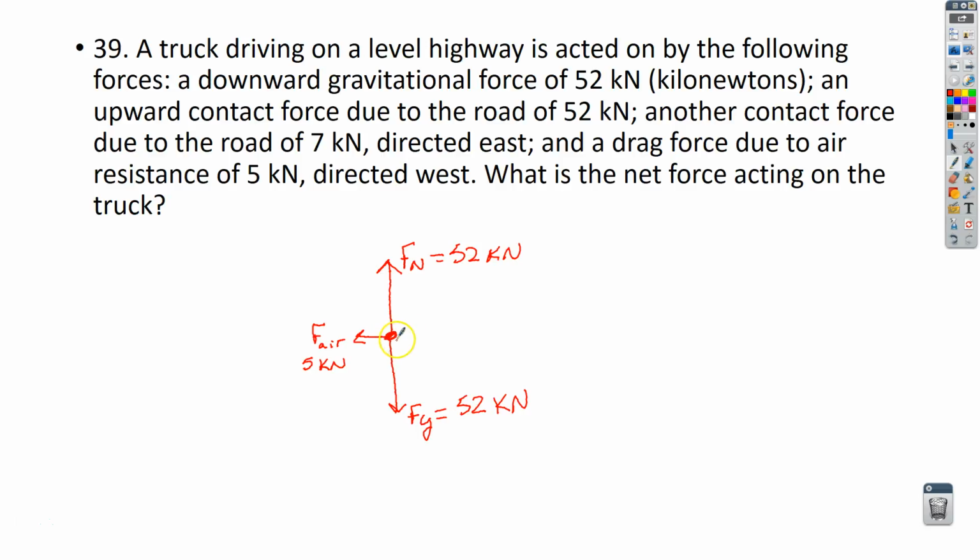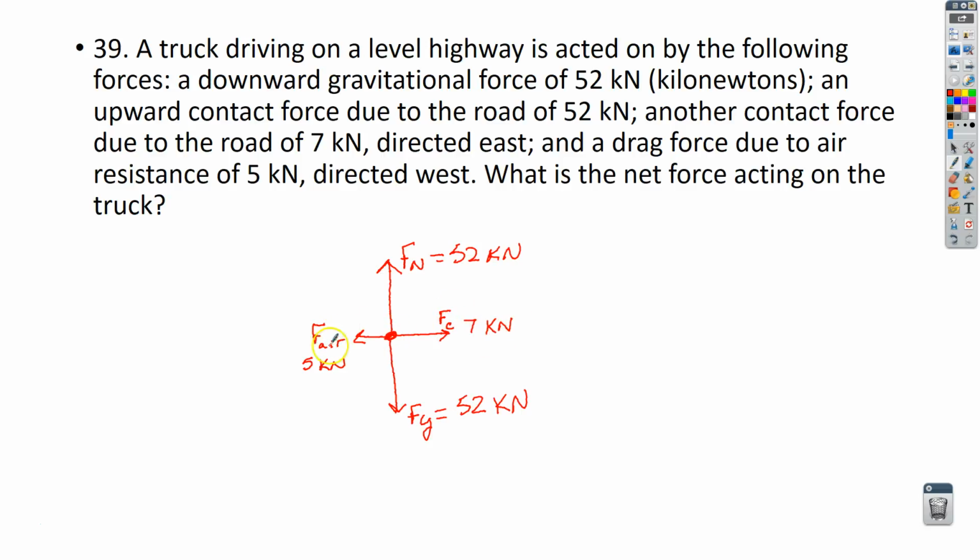And then we have another contact force due to the road, which is probably the engine pulling on that car, and so that force is pointing to the right. So we're going to just put Fc for that contact force, and they told us it is 7,000 newtons, or 7 kilonewtons.